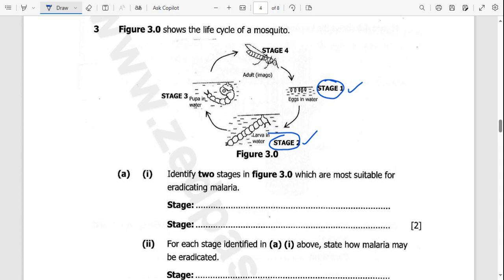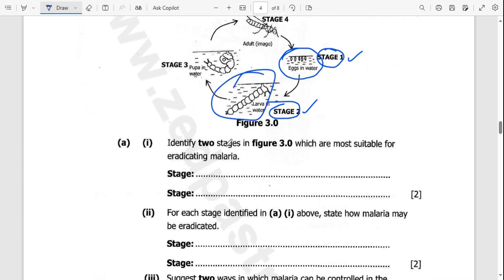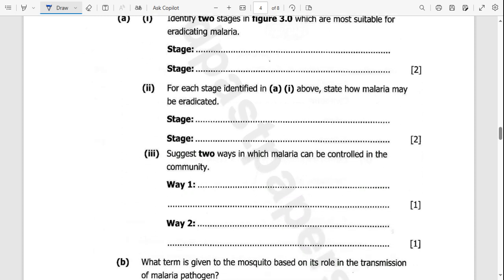For each stage identified, state how malaria can be eradicated. Here, just do away with the bodies of water which might be around. If there are any water bodies, do away with them. It is the same here because they are all found in water. So do away with water bodies. Okay. Drain water bodies.